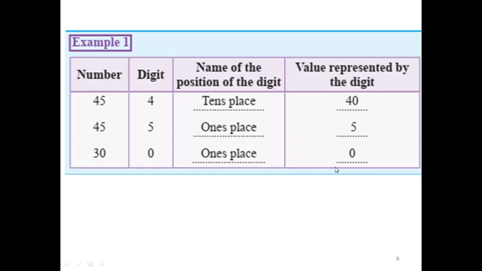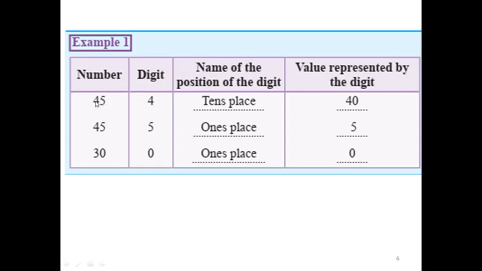Okay, let's look at this example. We are given 3 numbers, and let's take the first one. You are given 45 and the digit 4. The question asked is the name of the position of the digit.